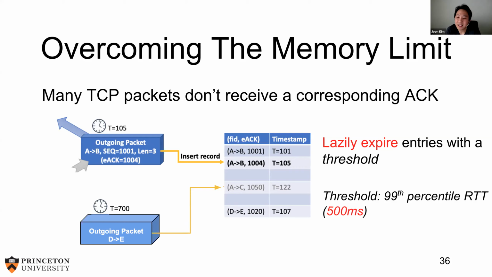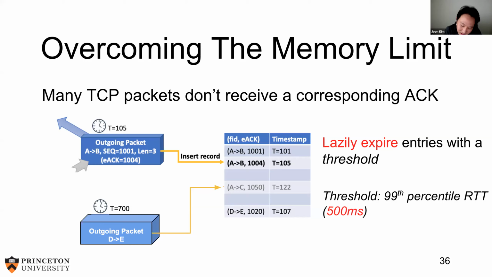We call it lazily expire because there's no separate process looking at the timestamps and evicting entries immediately after the threshold. It doesn't happen like that. It only happens when a new packet comes in and there's a hash collision. And this is more efficient, right? You don't have a separate process doing it. It only happens when it needs to happen, basically.